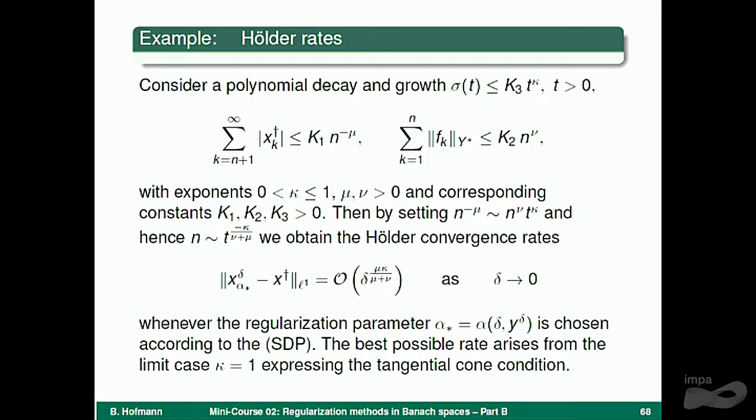In all other cases, if mu is big enough and nu is big enough, then you can get the converse situation. And so, in principle, by choosing the SDP, you get a clear rate, and if you know all the exponents, you have a good rate for this situation automatically by using the SDP. This is a nice thing, and we have no idea if anything else can lead to such a result in this way.